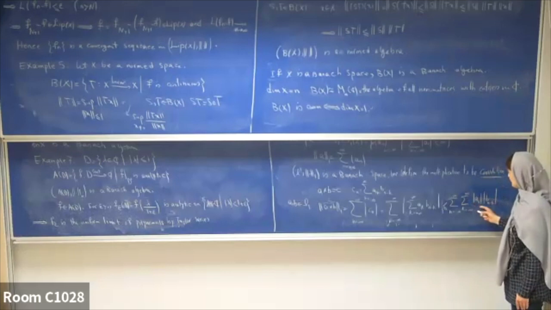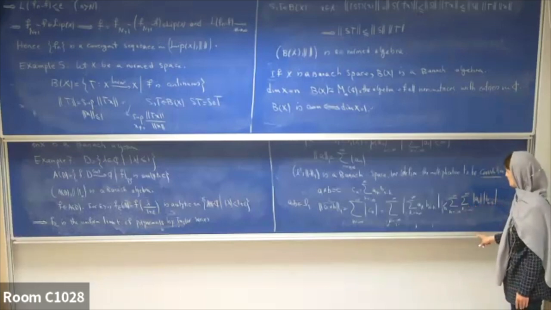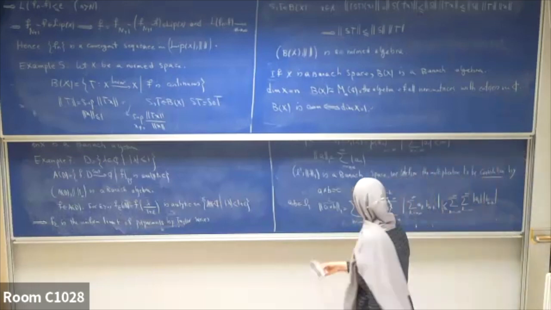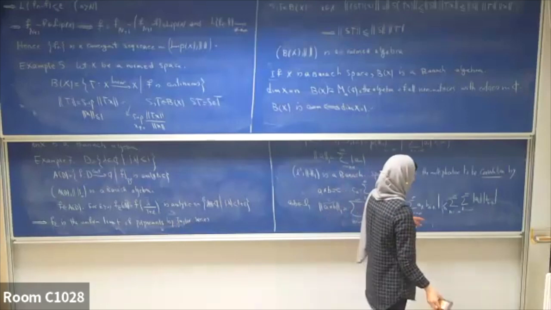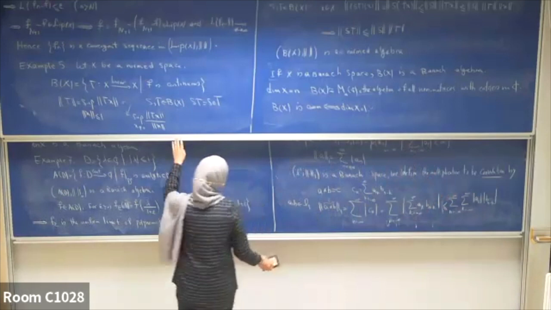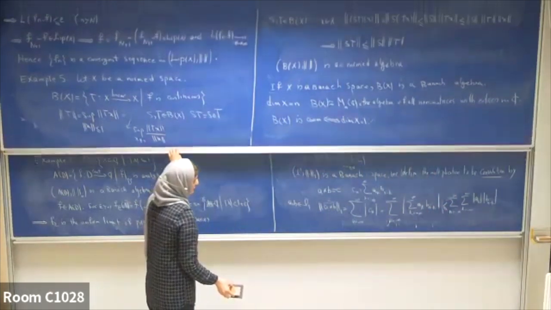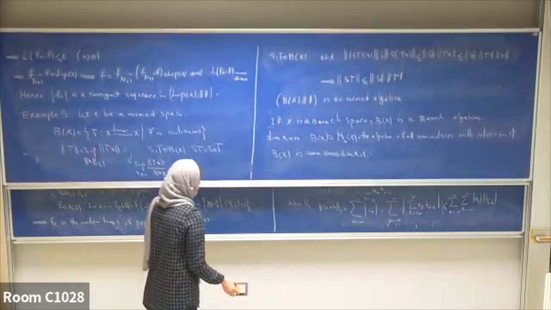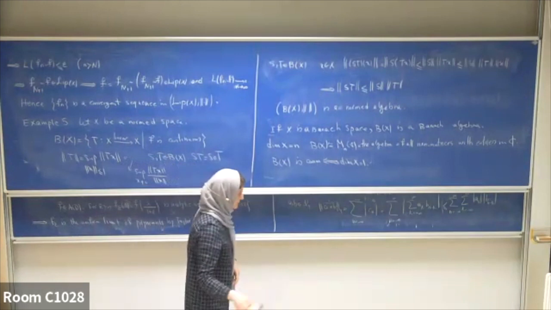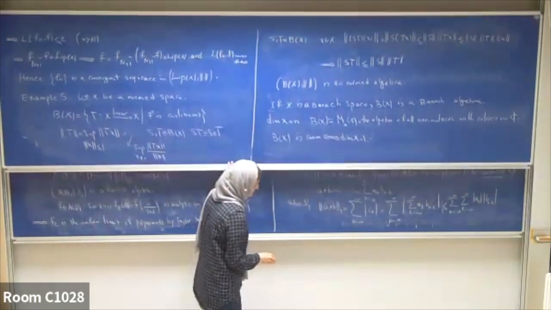they're non-negative numbers, so it doesn't matter if we change the order of these two summations. I change it because I want to take out the absolute value of A_k.